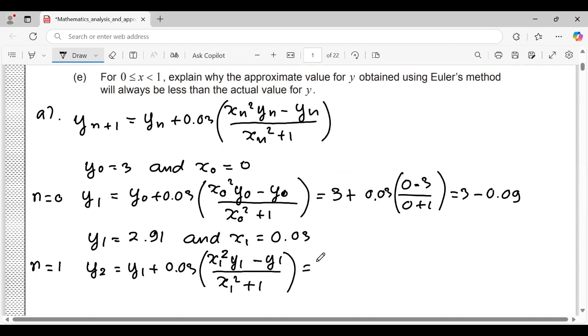Substitute y1 is 2.91 plus 0.03 times, 2.91 squared, 0.03, I mean, because x.